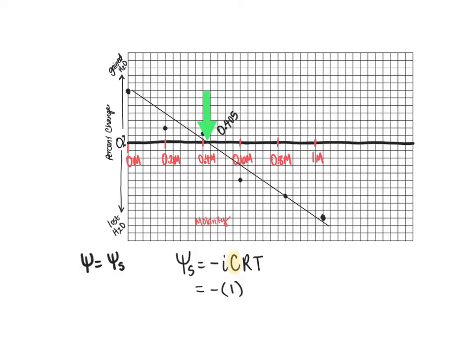C represents the concentration where there was no change in the potatoes. On this example, it is 0.045. It is wherever your best fit line crosses that 0% change. That is the hard part for students to remember. That's the only value we use, is where that line of best fit crosses that 0% change.